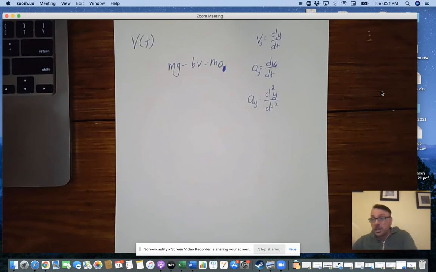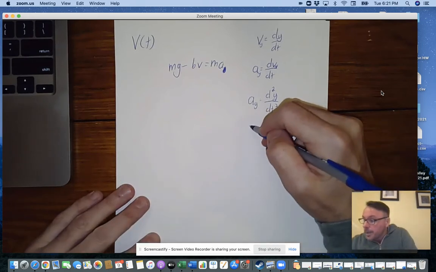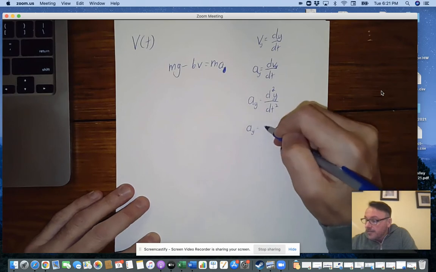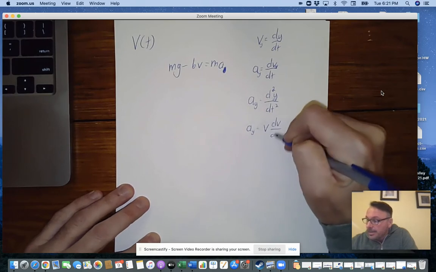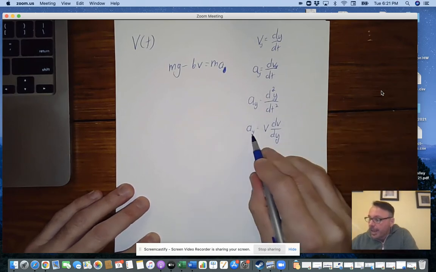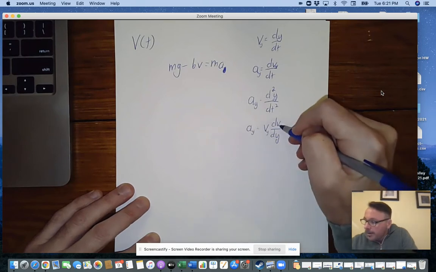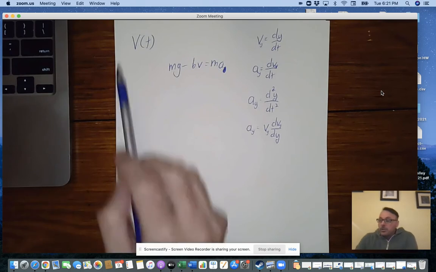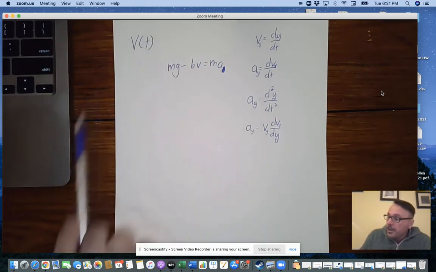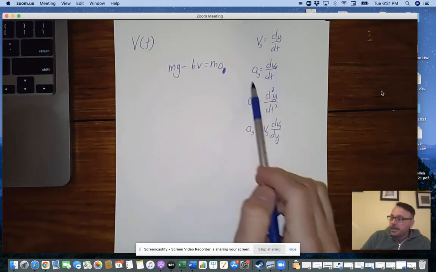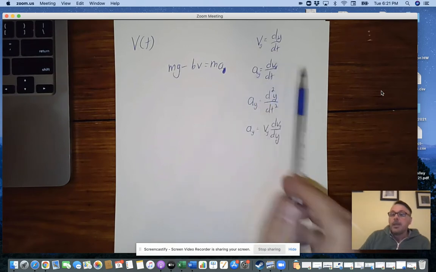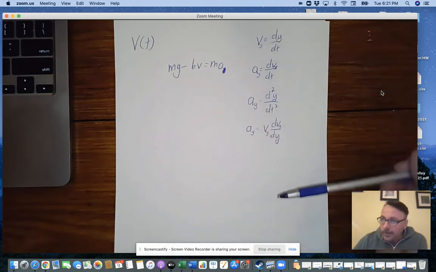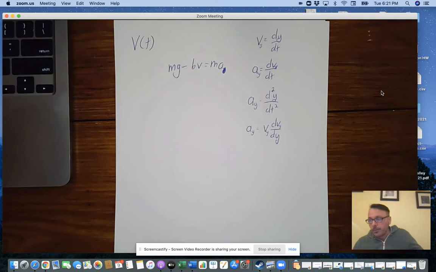Not helpful in this case, but it's good to review. And then the last thing we said was v dv d position variable, so since this is ay, this is vy dvy dy, right? Now, if I'm looking to do velocities and times, the clear winner here is dv dt in place of a. I just wanted to put all these out there to remind you of the work that we've done.